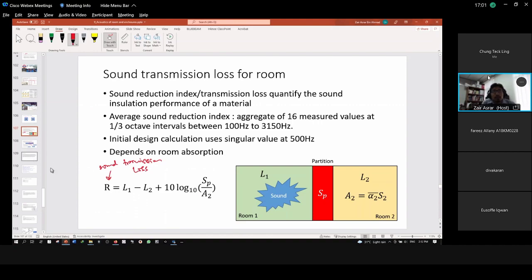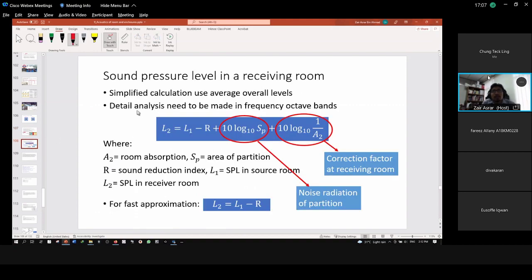We can rearrange this sound transmission loss equation to calculate the sound pressure level at the receiving room, L2. To be frank with you, this value of L2 is the average value of sound pressure level.